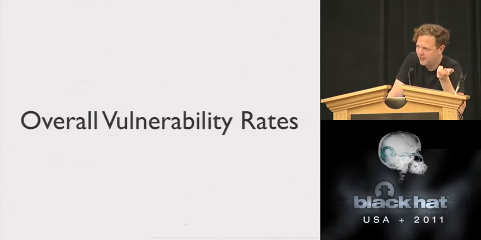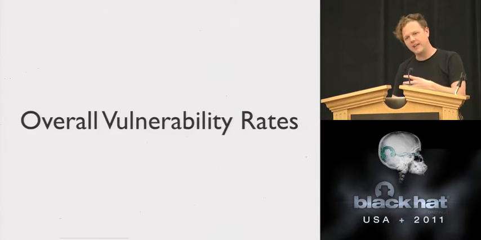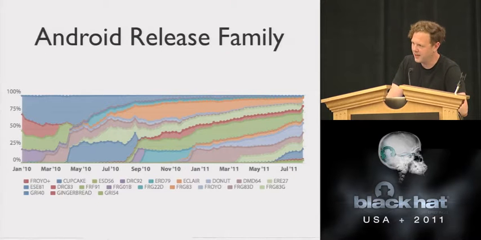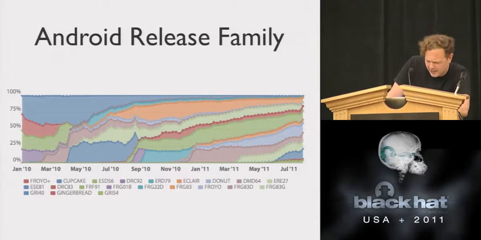So looking quickly then at overall vulnerability rates, if we just aggregate all the data on all the devices out there. Again, we have this massive Android release family chart here. I haven't actually counted, but obviously a number of builds are involved here.